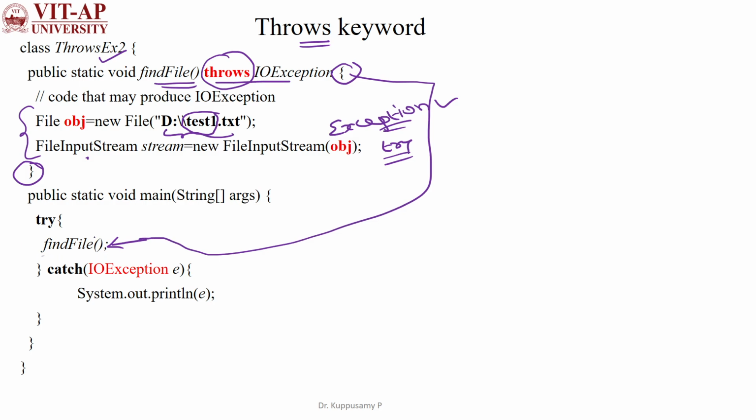Then you see that the exception is available inside the try block in the main method, so this exception can be handled by this catch clause. Here we have to use that same exception class, IOException, which stores the value that is displayed over here.